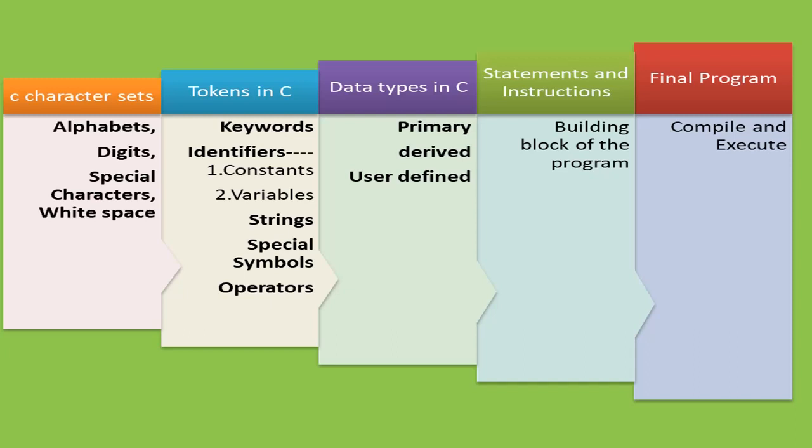Using the C character set, tokens, and data type, you can write a program, at least a basic program. Then this program goes for compile to check errors, and if successful can execute, thus providing the desired output.